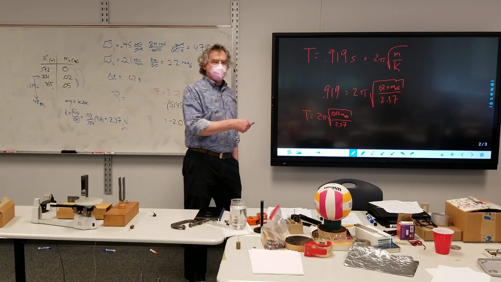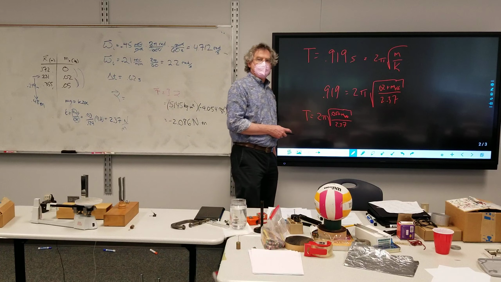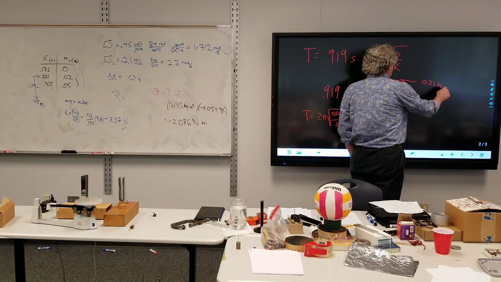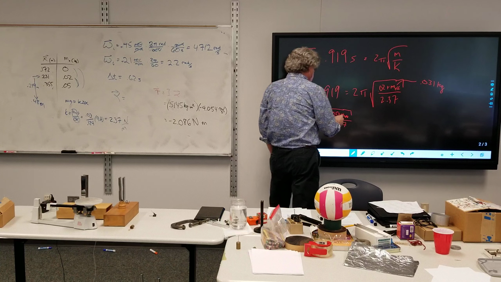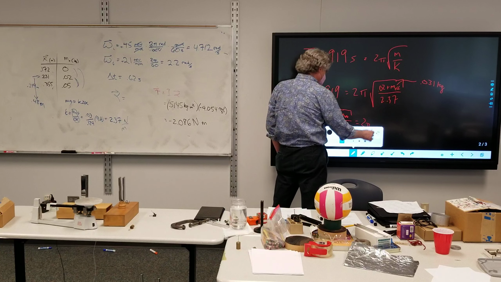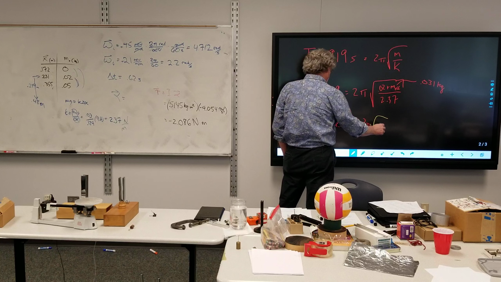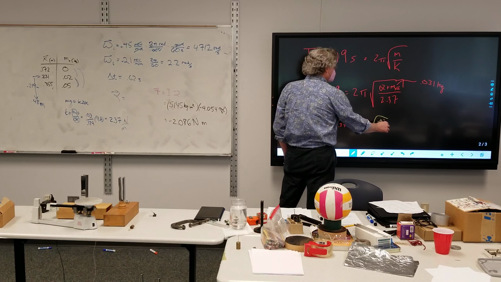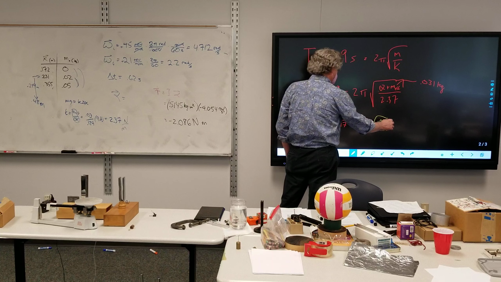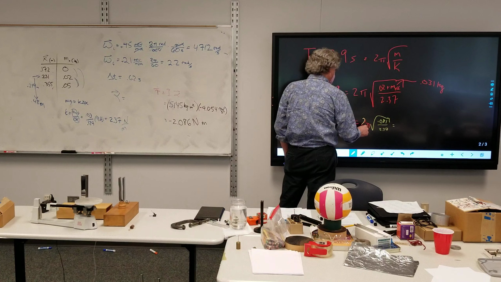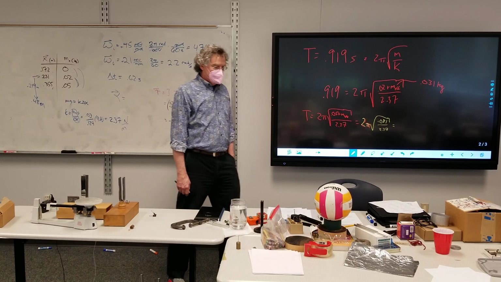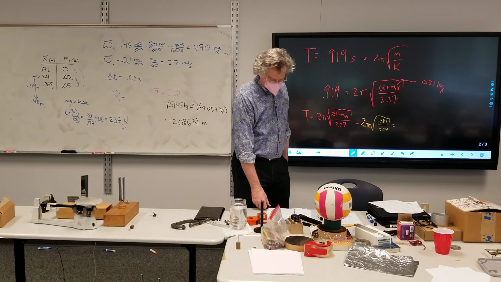Did anybody calculate the effective mass? 0.931 kilograms. So this becomes 2 pi times the square root of 0.081 over 2.37. And that would be the answer to C.